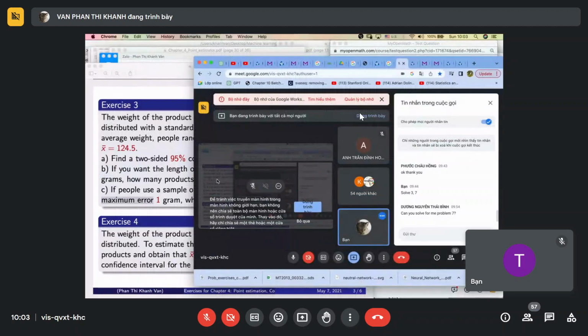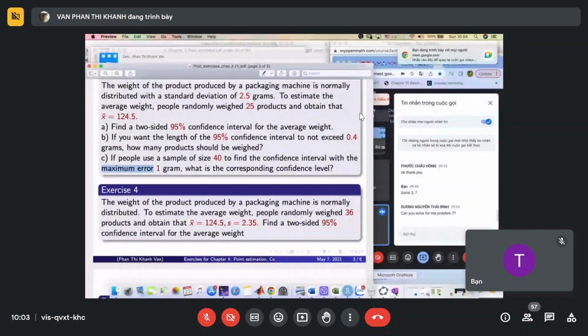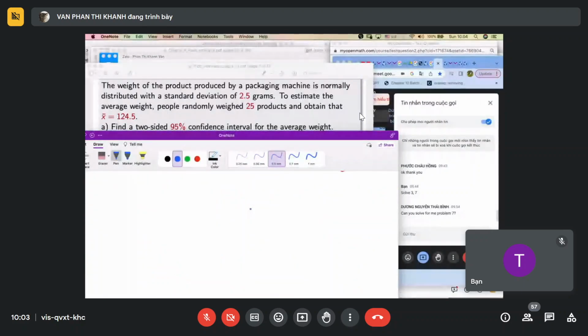So problem 3. I write down here. Problem 3. So x bar is 124.5. Sigma here is given as 2.5, and n here is 25, right?